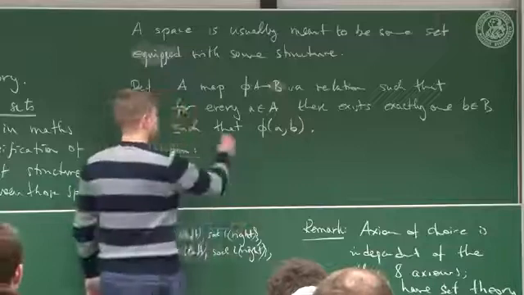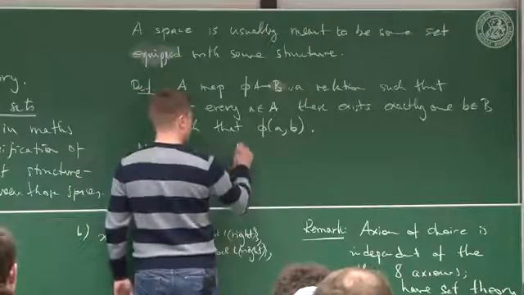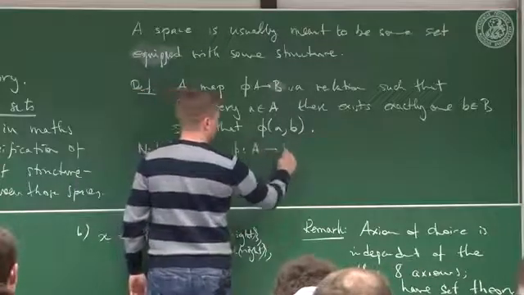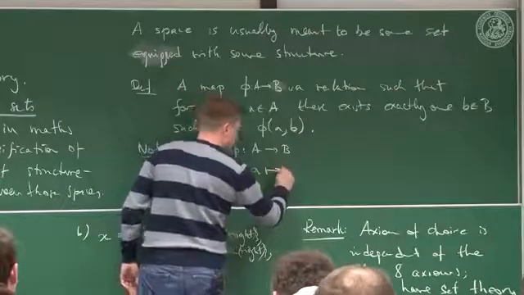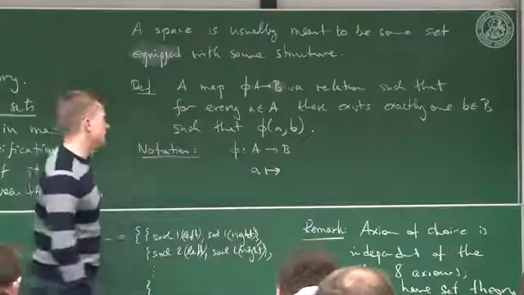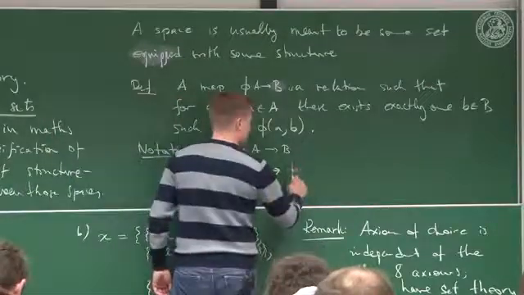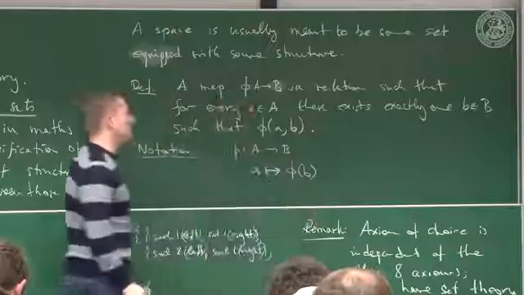The standard notation for this is to write phi: A to B, and then to write a to phi of a: to the value a in A, we assign the value phi of a in B.